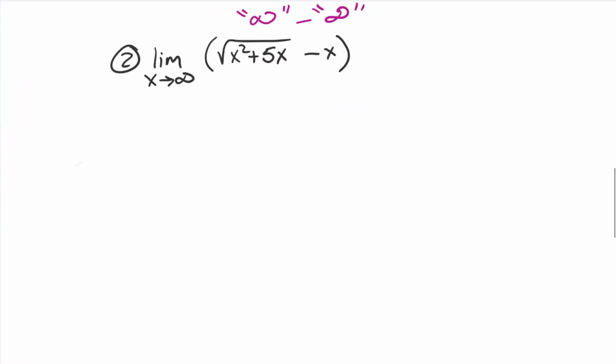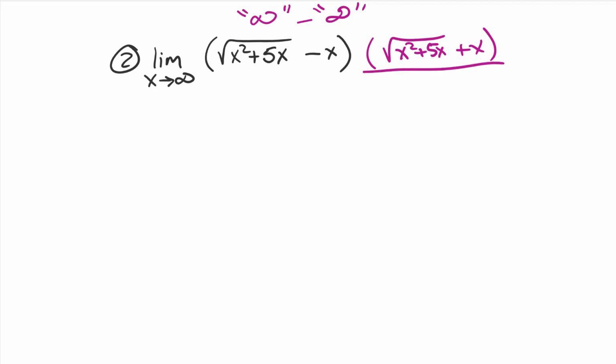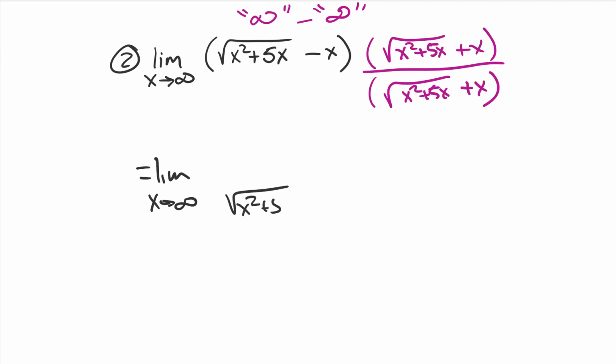Okay. So let's hit it with that conjugate again. So now we've got x squared plus 5x plus x. It's the same game we just did before. So we've got our limit as x is tending towards infinity. I'm just going to kind of hustle because it's the same stuff we did last time.